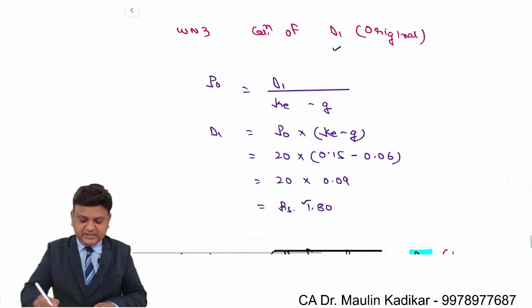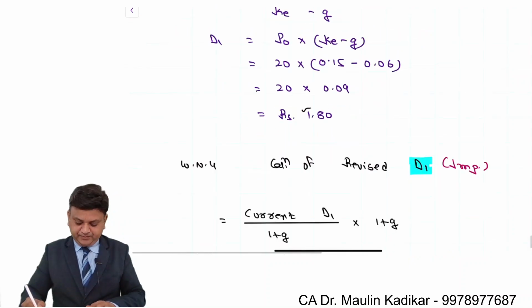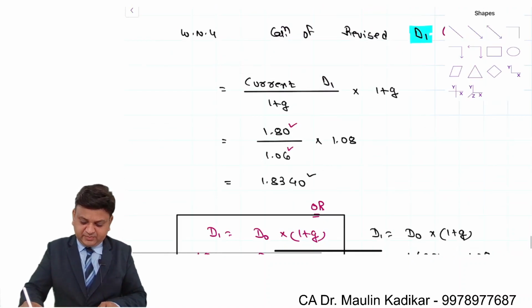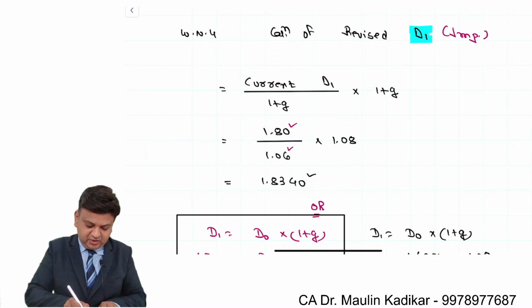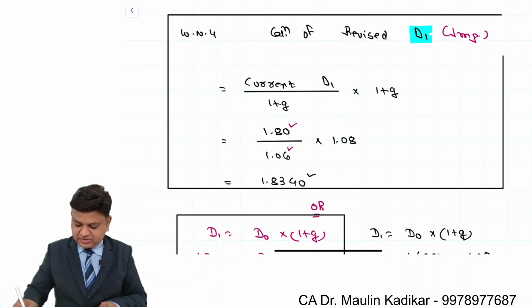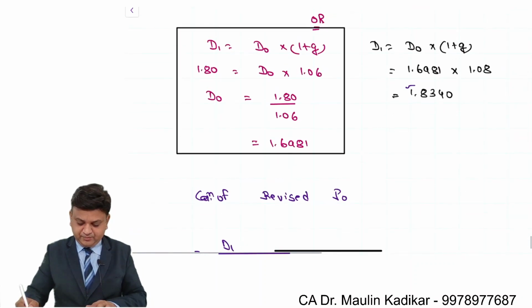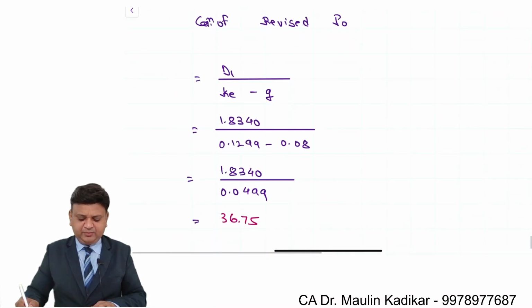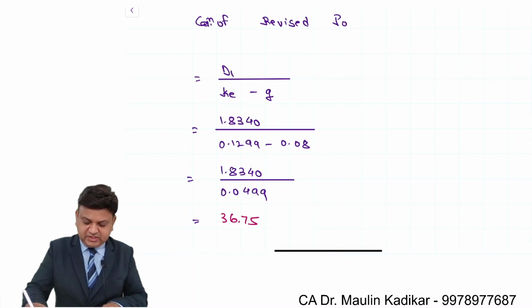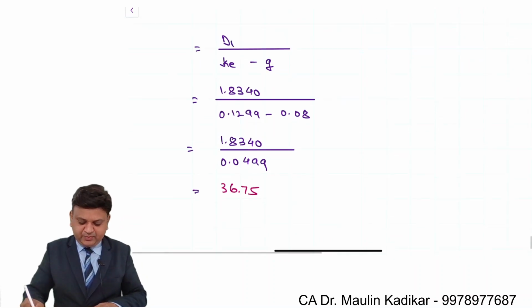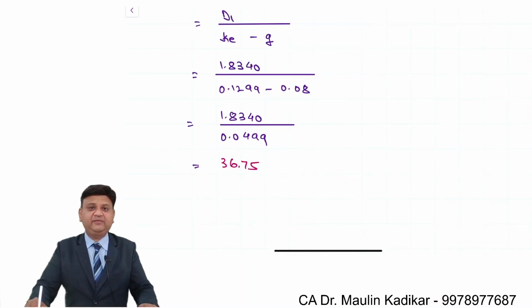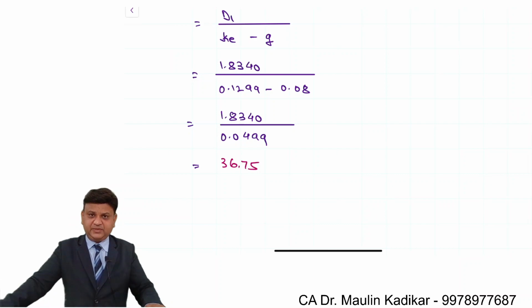Then we have computed the current D1, and importantly this D1 is supposed to be revised taking into account the new growth rate, that is 8%. That is 1.8340. Afterwards we compute the revised P0. It is D1 divided by K minus g. What is D1? It is 1.8340 divided by the revised cost of equity 12.99%, less growth rate of 8%. With that, the revised P0 is found.